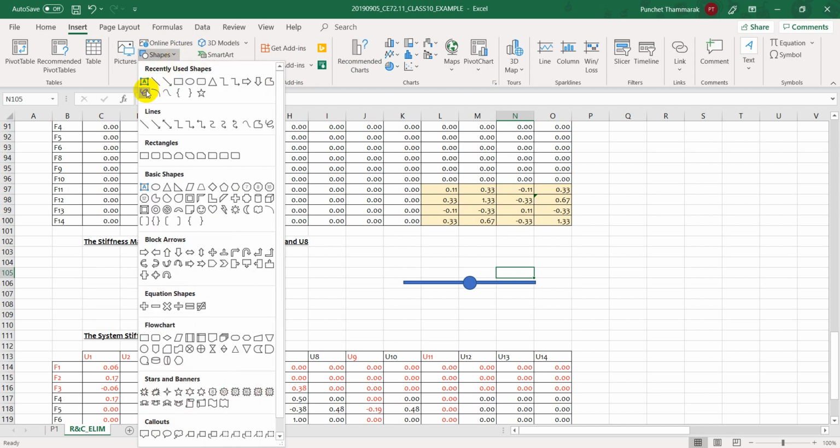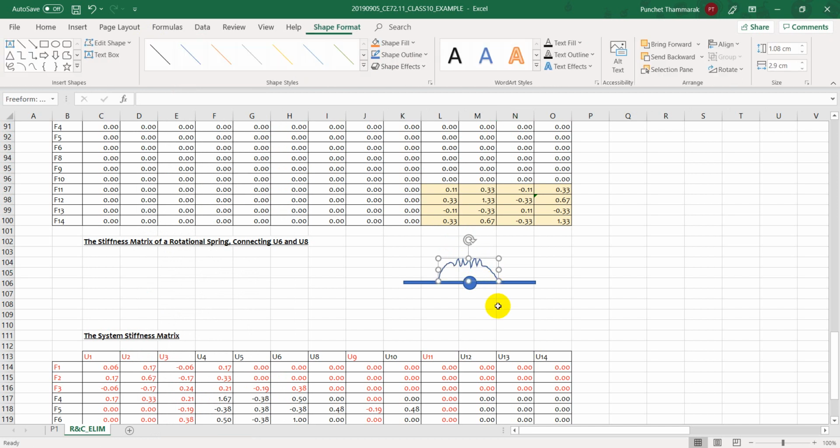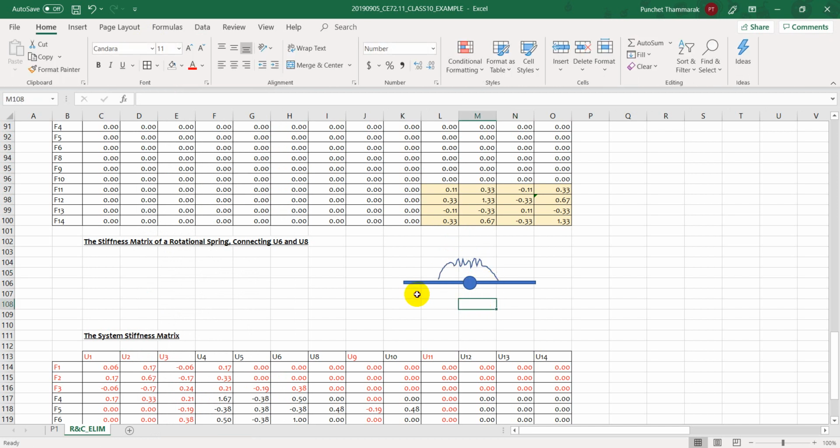Shapes. Okay, as good as it gets. So you have U6 over here and U8 over there.